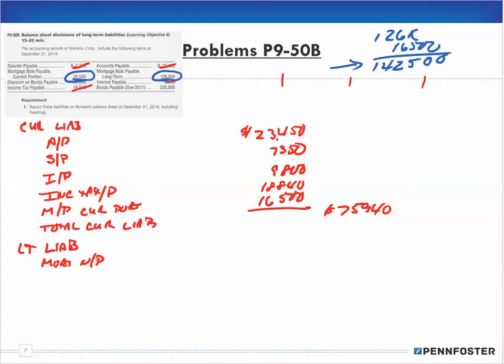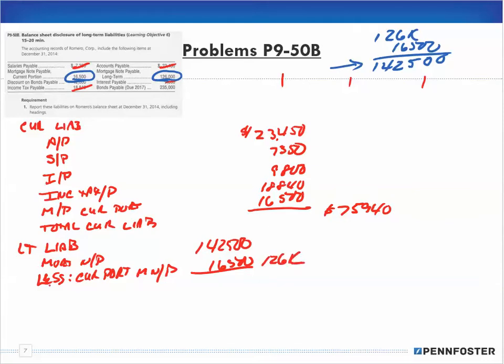Which is the way the authors are presenting the information. So my mortgage payable is basically going to be $142,500, and then less the current portion of the mortgage note payable of 16.5, which gives me 126,000.